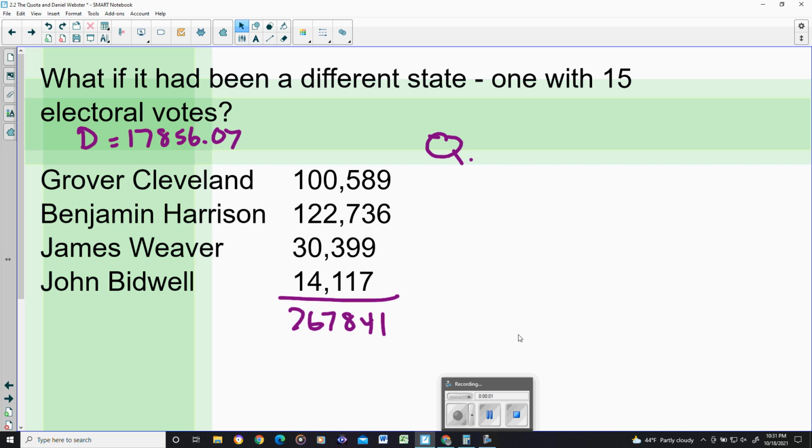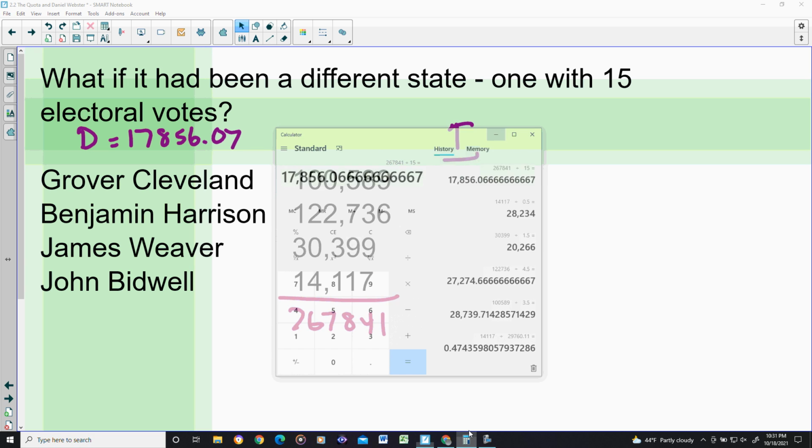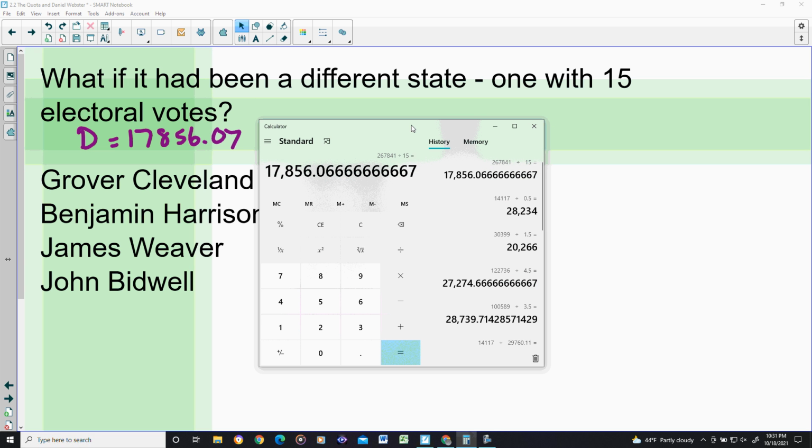Let's do our quotas. And you know what? For this particular case, I'm actually not even going to look at the quotas. I'm just going to put my initial values directly in. So I'm going to say initial, and we'll just show it right from here. Let's take that number, clear memory, add that to memory.